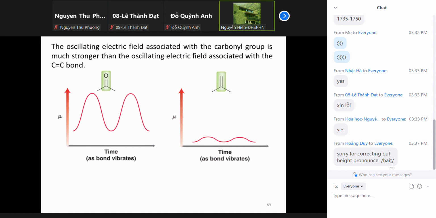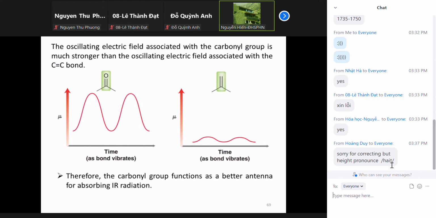So the oscillating electric field associated with the carbonyl group is much stronger than the oscillating electric field associated with the CC double bond. And therefore, the carbonyl group will absorb infrared radiation more efficiently.